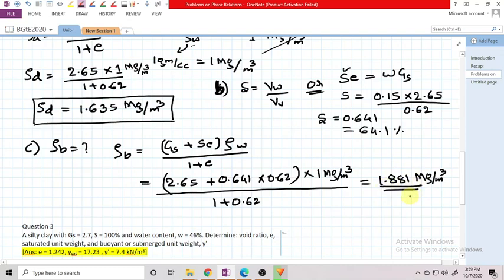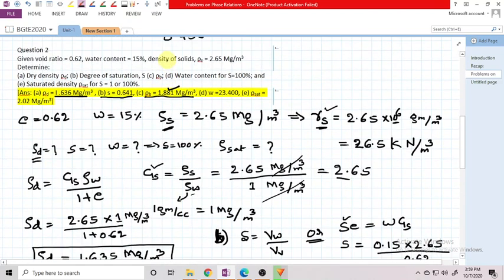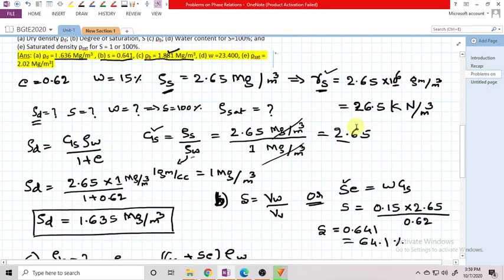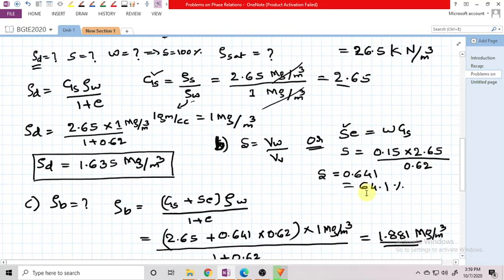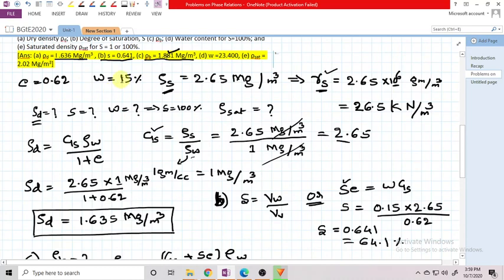Okay, so let me check. Yeah, 1.881 megagram per meter cube. So next is the water content. Once it becomes 100% saturated, see, at the 64.1 degree of saturation the water content was around 15%.